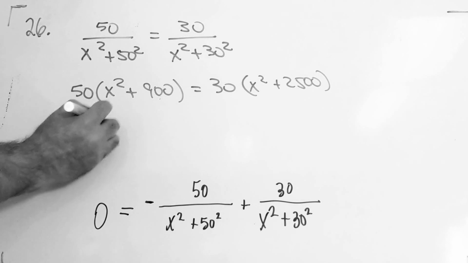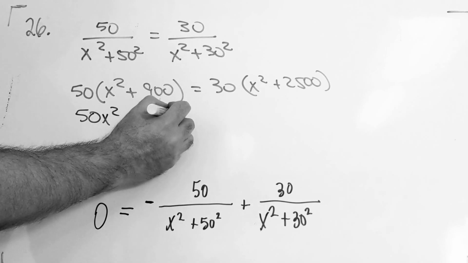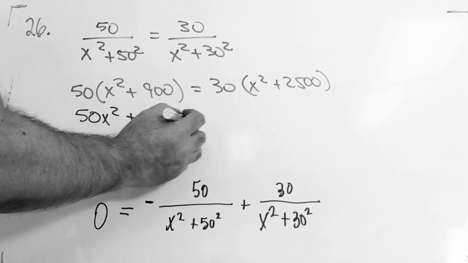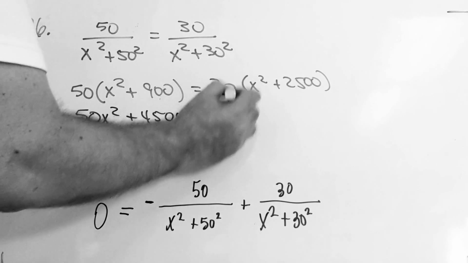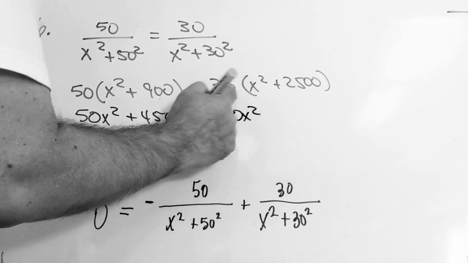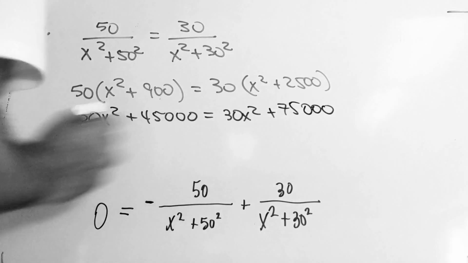Which becomes 50x squared plus 45,000. Yes. Equals 30x squared plus 75,000.